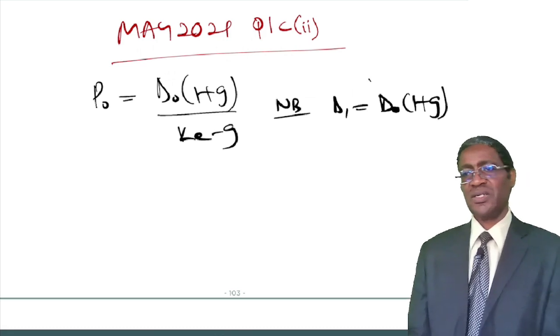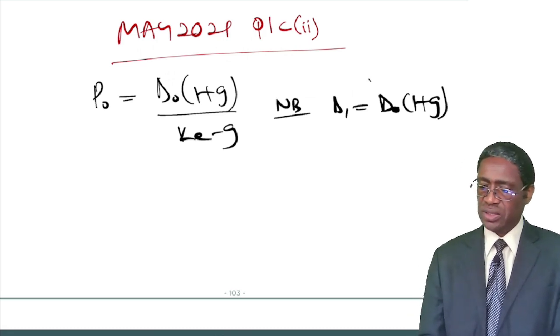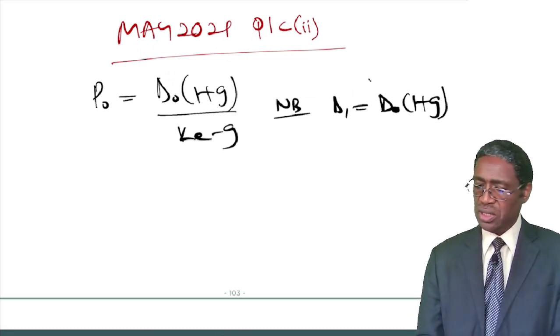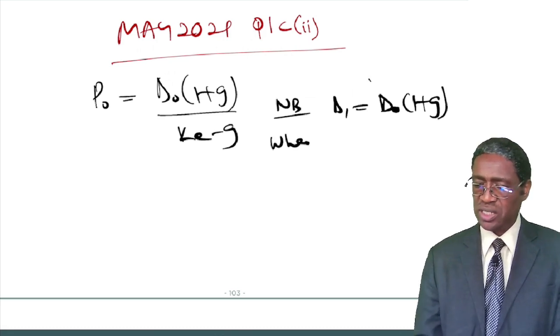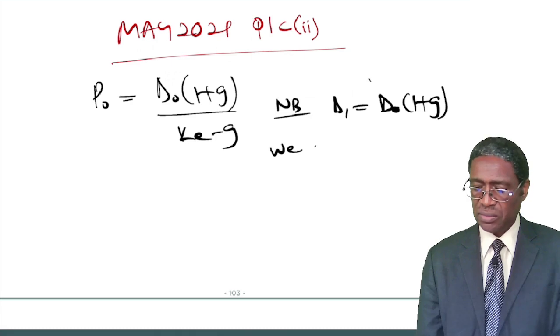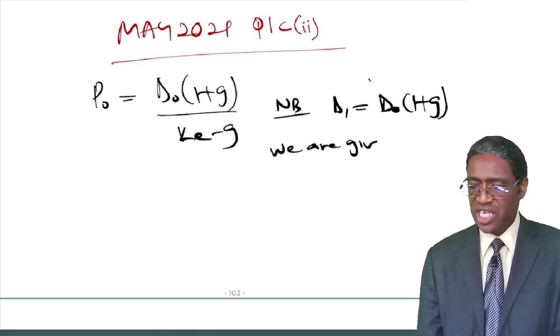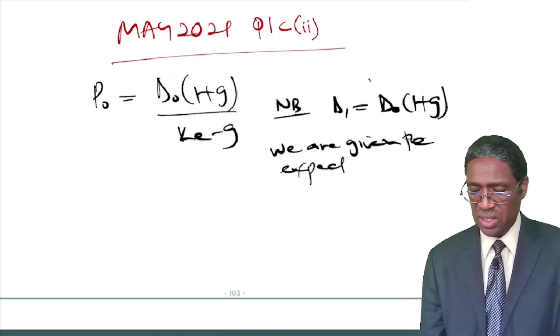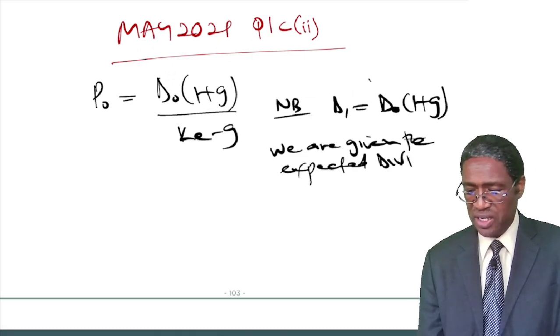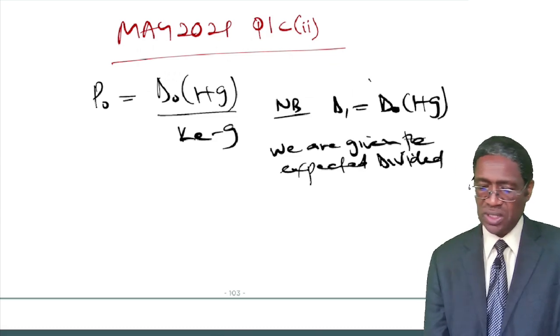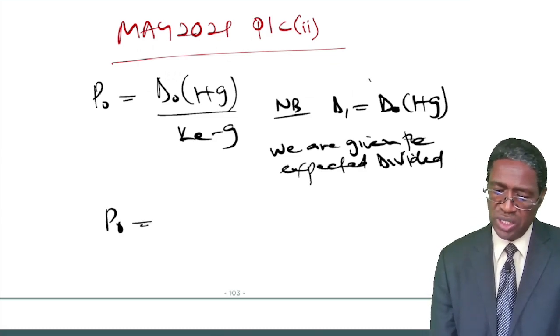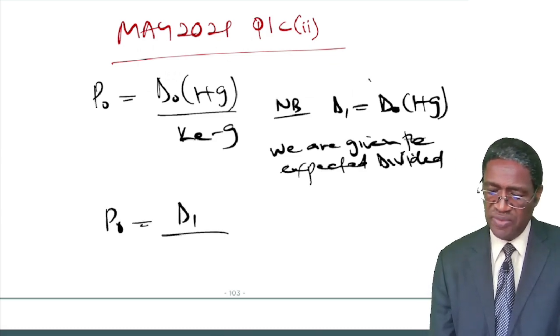Now note again, we are given the expected dividend. This means P0 will be given by D1 divided by Ke minus g.